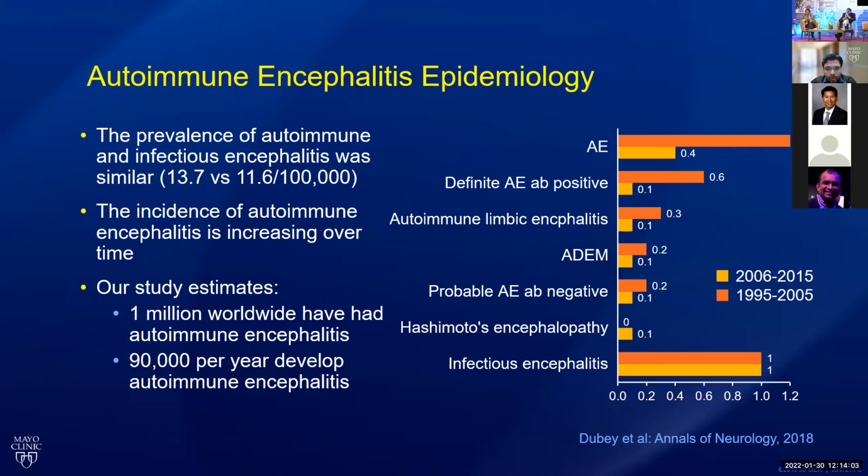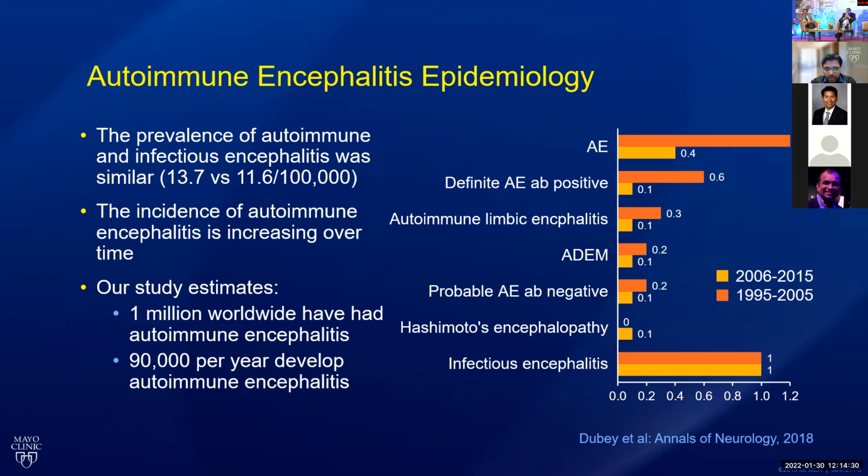And then interestingly, as you can see in this figure, the incidence of autoimmune encephalitis seems to be increasing over time, nearly tripling from 1995 to 2005 compared with 2005 to 2015. And most of it is coming from antibody positive cases, because it's probably not because the rate of autoimmune encephalitis is going up.